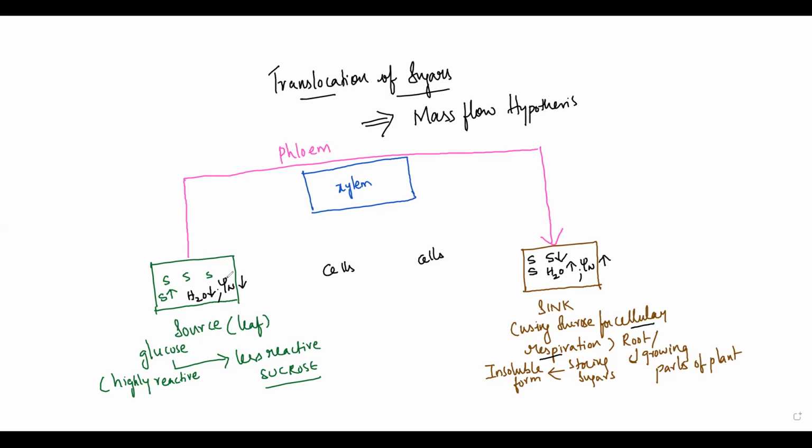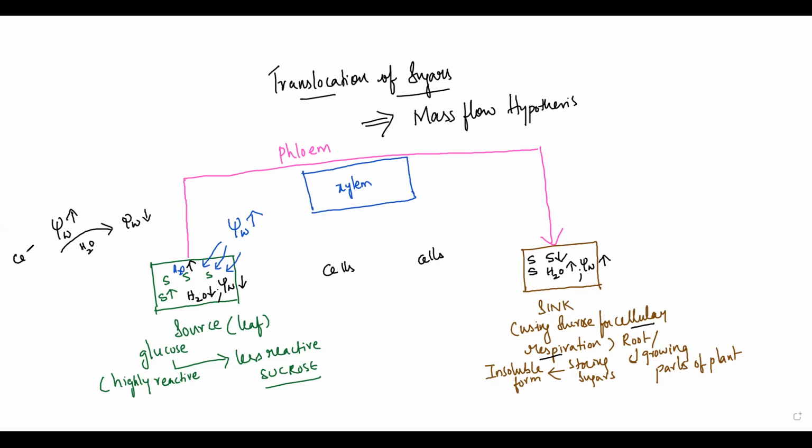Now, since the water potential is less here, the adjacent cells are going to have a water potential more. So due to osmosis, the water molecules will take entry into the source. Due to which the water concentration slowly increases. From higher water potential to lower water potential, the water molecules are moving.